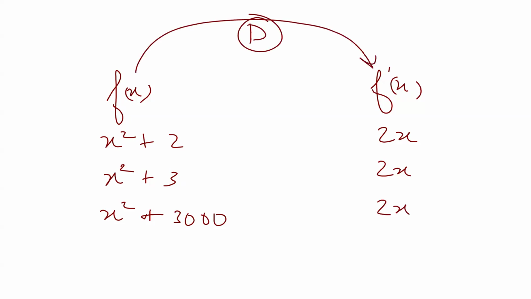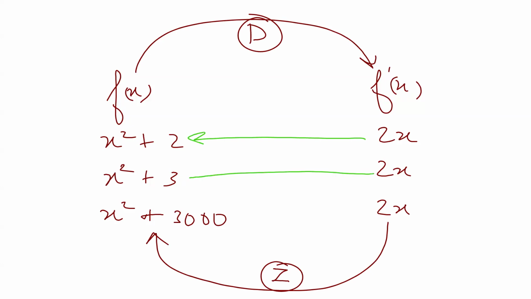So we are derivating. And if you want to come back from here to here, we'll have to integrate. So integration of 2x is x square plus 2. Integration of 2x can be x square plus 3. Integration of 2x can be x square plus 300 also, 3000 also, or any other number. So the fixed part over here is x square.